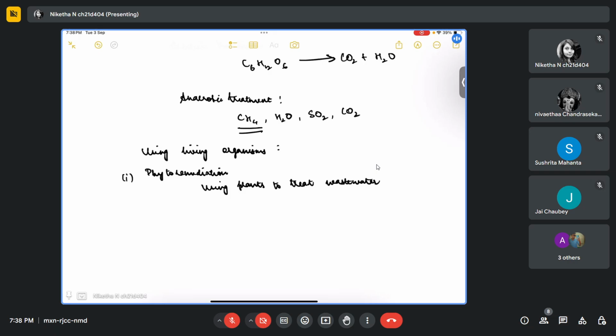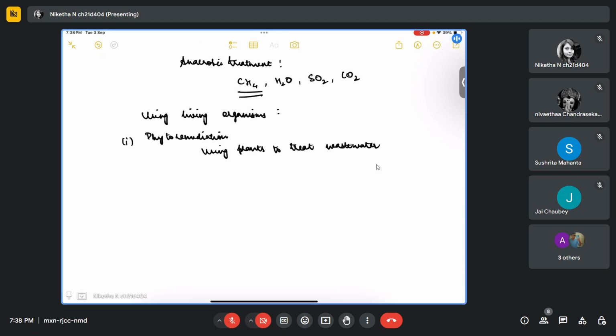So when we pour some wastewater into certain species of plants, they will metabolize the wastes and they will grow with the help of those metabolized wastes. Once the organics are used by the plants for their metabolism, the water will be free of those organics and contaminants.